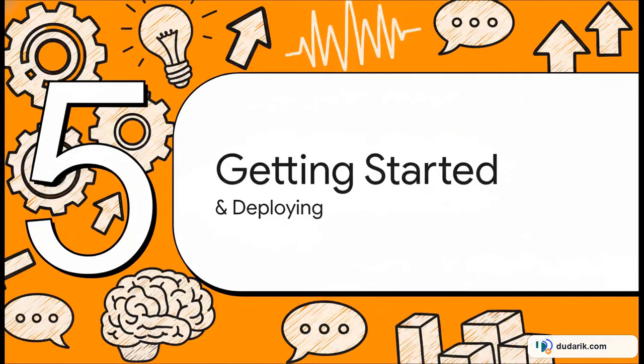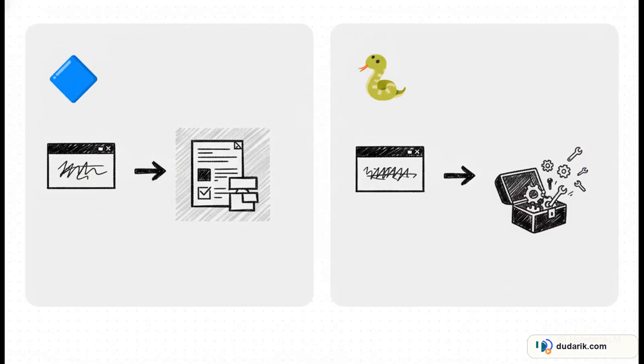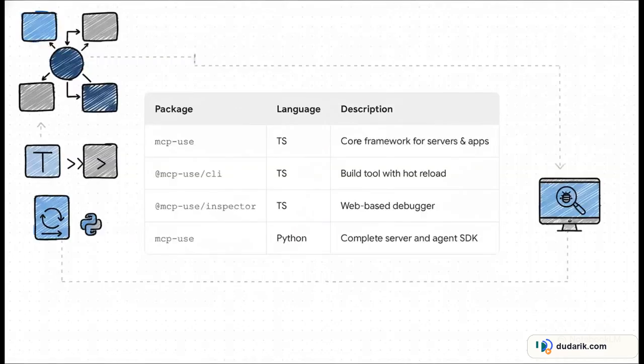So at this point, you're probably thinking, okay, this is pretty cool. How do I actually get started? And the good news is it couldn't be easier. If you're on TypeScript, it's just one npx command to set up a whole project. If you're a Python developer, it's a simple pip install. Seriously, you can be up and running in a matter of seconds. And what you get is a whole ecosystem of packages.